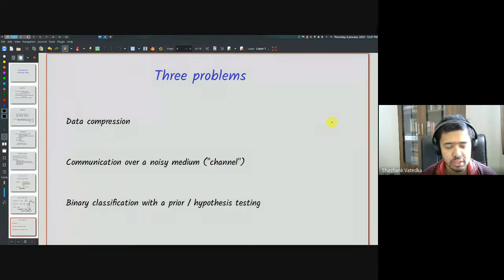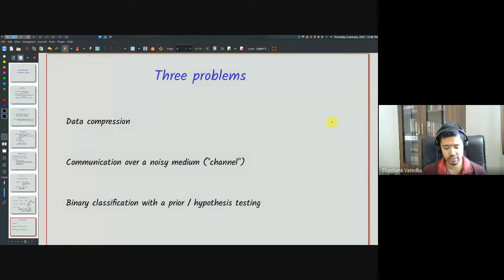In this particular course, we'll explore 3 problems, which are related to communications, broadly speaking, or estimation. Information theory deals with many other problems as well, but these are the 3 problems that information theory started out with. So that is what we will explore in some detail.